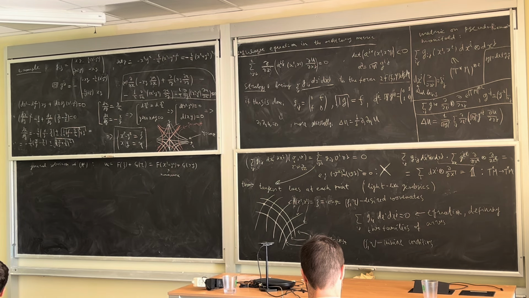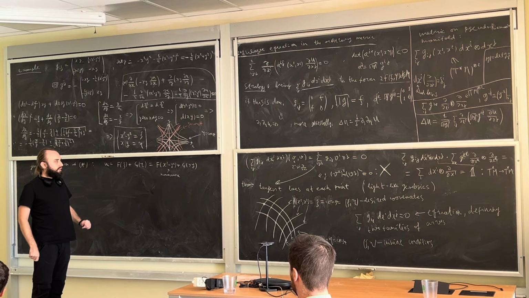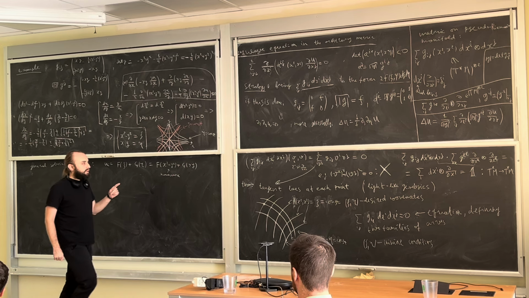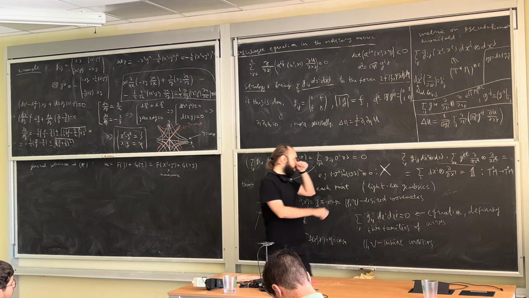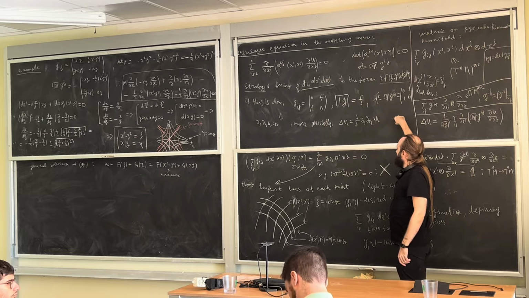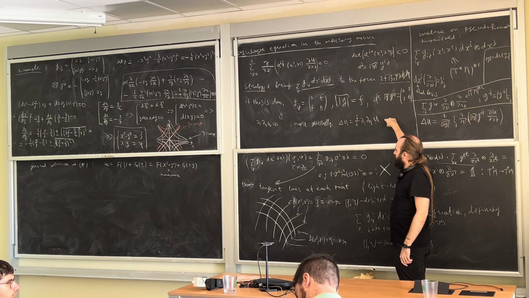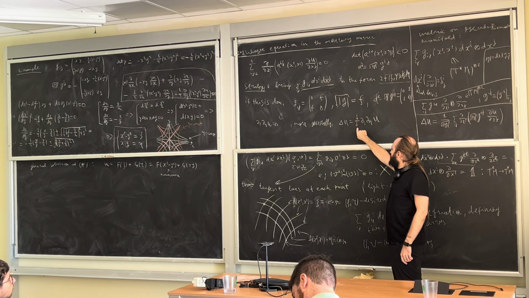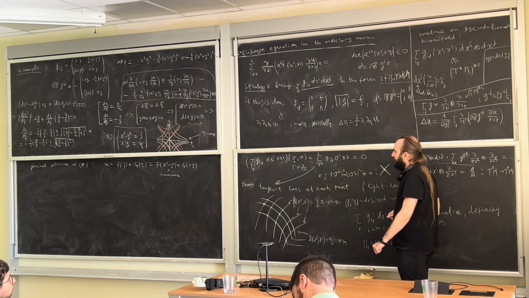But it does not work in higher dimensions, and it does not work even in 1 plus 1 when we add the free term or some other derivative terms here, because this overall factor cannot be removed.